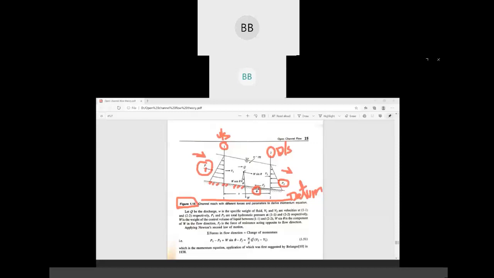Then we all know we have to resolve into two components. One is W sin theta, one is W cos theta. W is nothing but the weight of water inside, or you can say in between section 1 and 2.